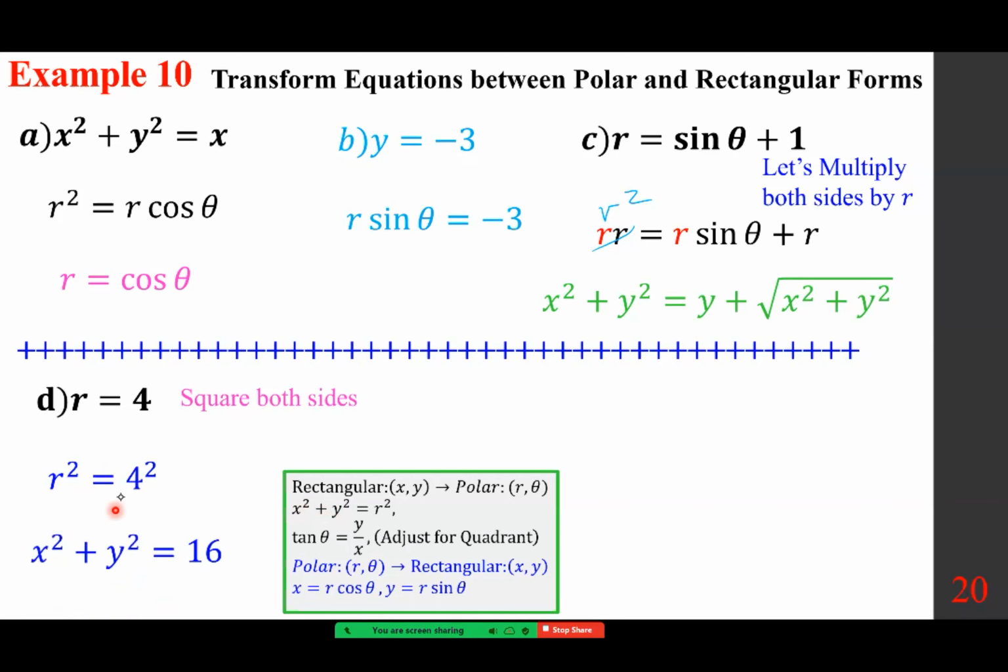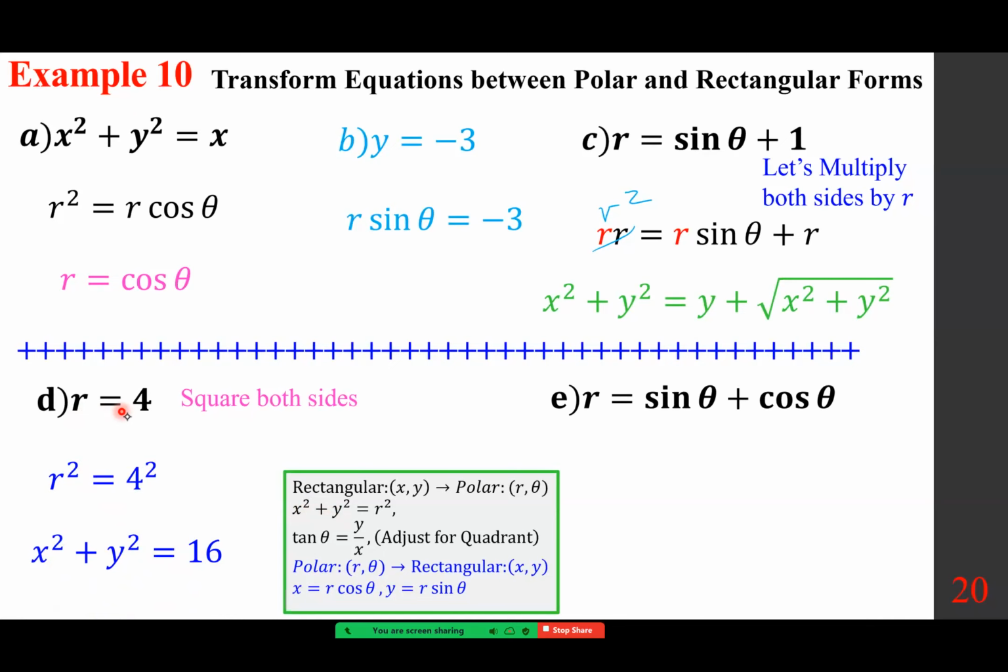And I hope everybody can easily recognize this as a square. My apologies, a circle centered at 0, 0 with the radius 4. And you recognize x squared plus y squared equals 16. It's even easier to represent it in polar format, r equals 4.